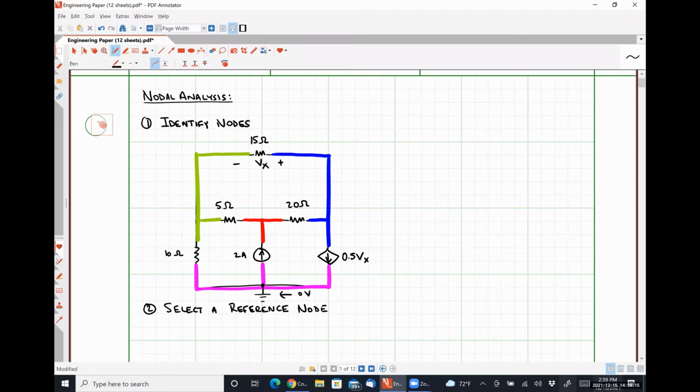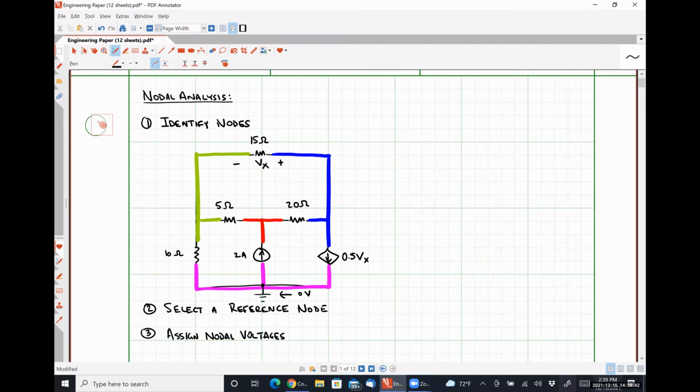Okay? So our next step is to assign nodal voltages. So I'm going to assign them first, and then I'm going to explain what a nodal voltage is, okay?